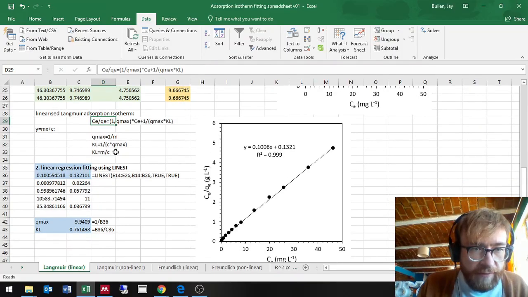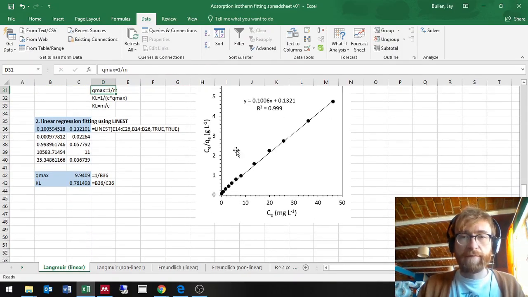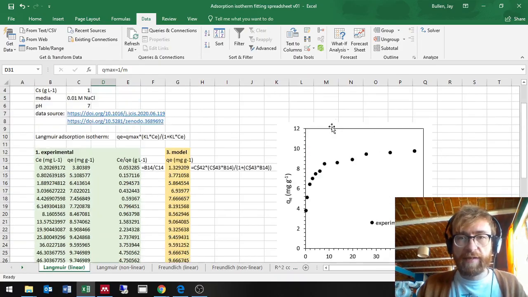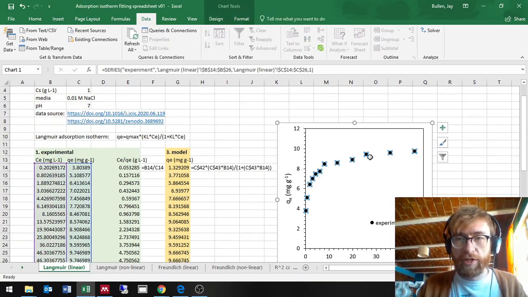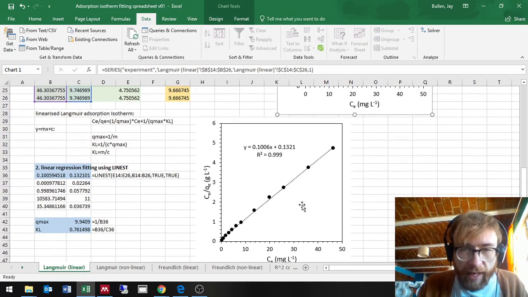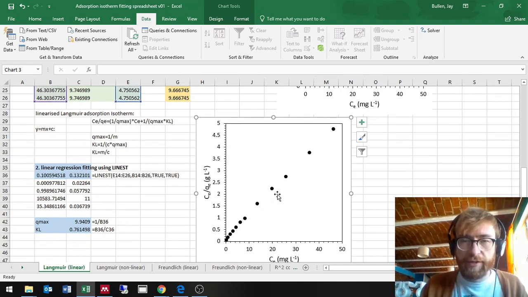If we rearrange the equation, we can create this linear plot here, where we have CE, which is our value of x, and CE divided by QE, which is our value of y. You can see that this data, which was originally curved, is now in a straight line like this. And we can fit a simple linear regression to it.